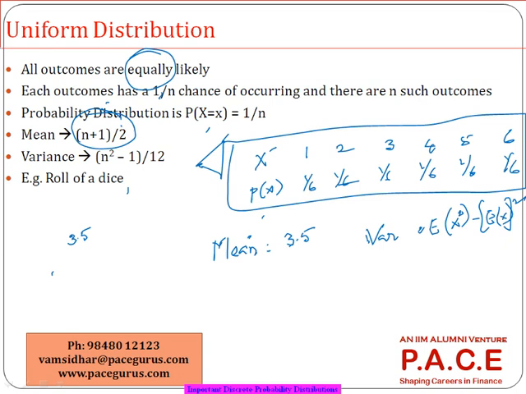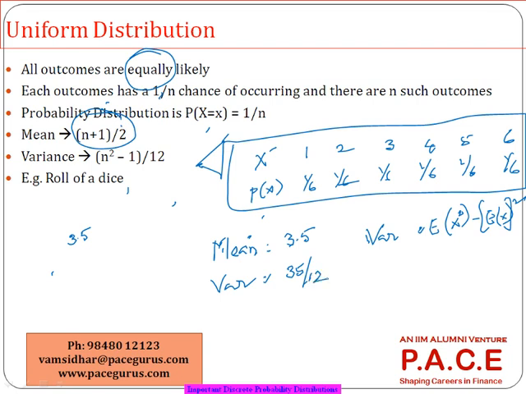Now it says, if it follows a uniform distribution, you don't need to do that entire aspect. The variance is directly coming out as (n squared minus 1) by 12. N is 6 here, 36 minus 1, 35 by 12 is the variance.